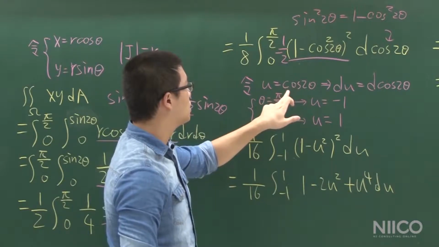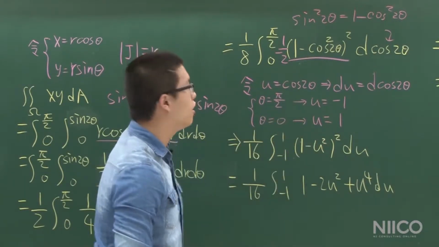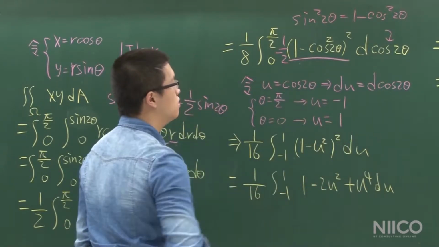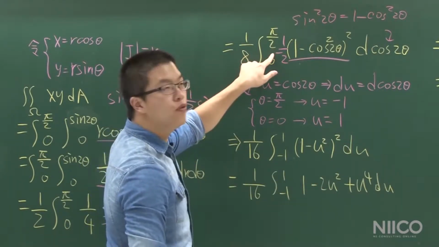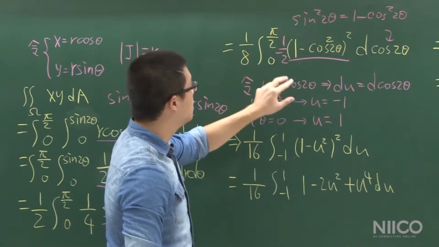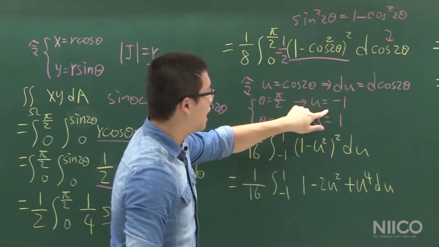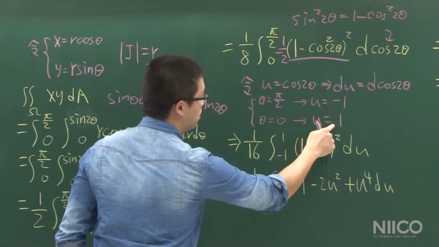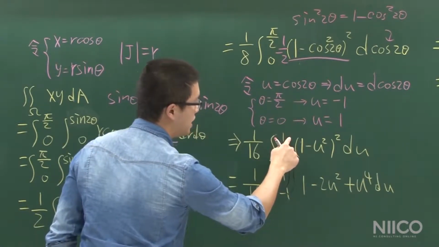Well, u is from 1 to -1 originally because when theta equals 0, cosine 2 theta equals 1, and when theta equals pi over 2, cosine 2 theta is cosine pi, and it is -1. So that is the reason for the upper bound and the lower bound of u.